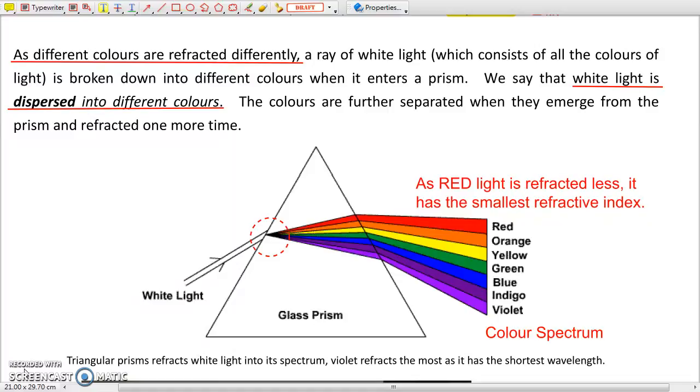As different colors of light emerge from the prism, they are deflected one more time. So they are deflected twice. And different colors of light are separated even more from each other. We say that white light is dispersed into different colors. It forms a color spectrum.